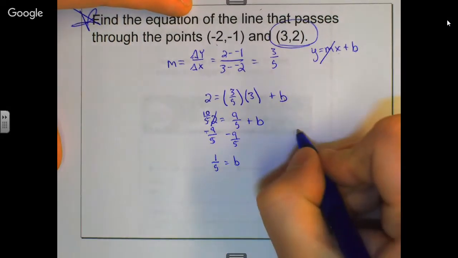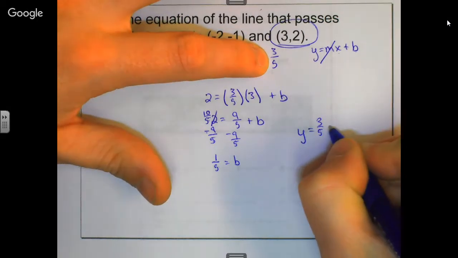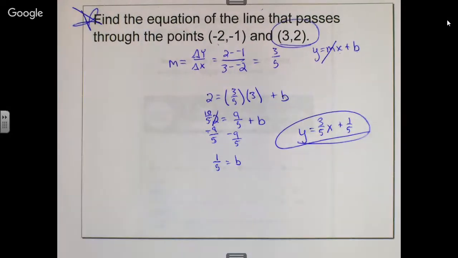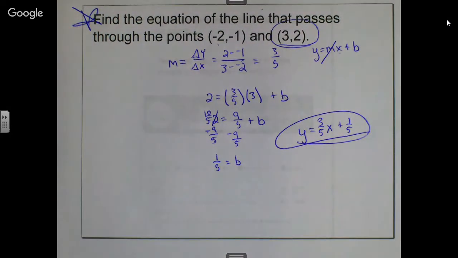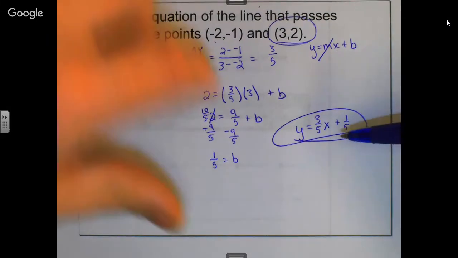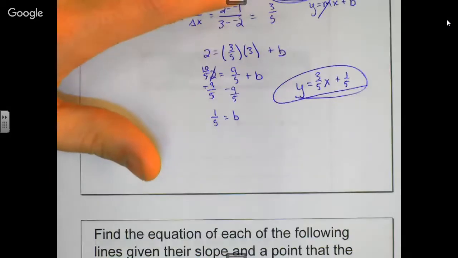So then we'll say y equals 3/5 from my slope, x, plus 1/5 from my b. And there's our equation. Again, they could say, what is this in standard form? And then you would just have to get x and y on the same side, get rid of all of your fractions.